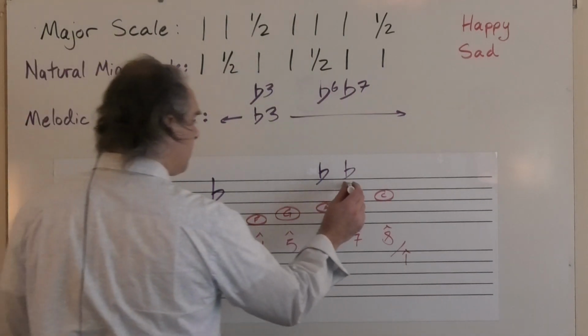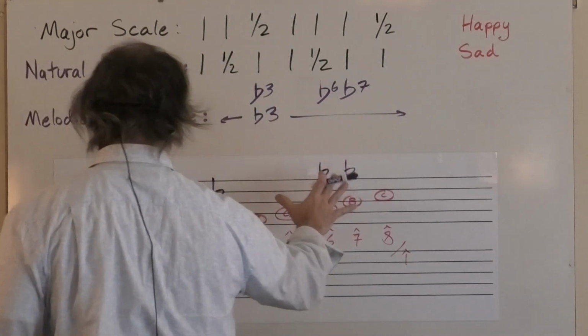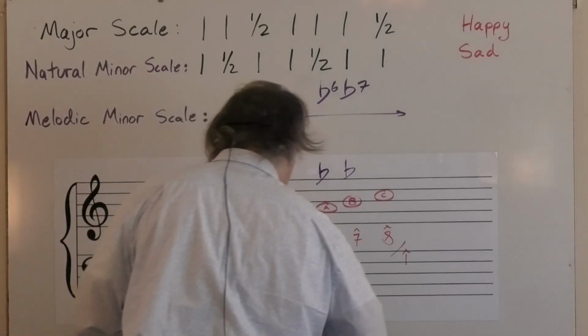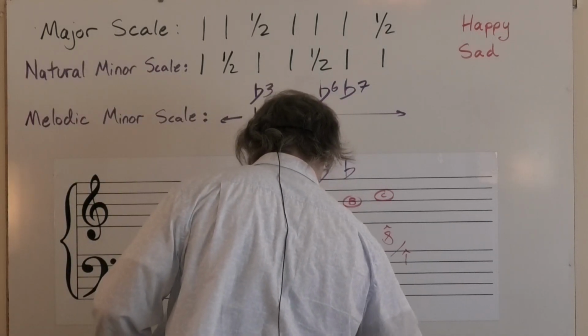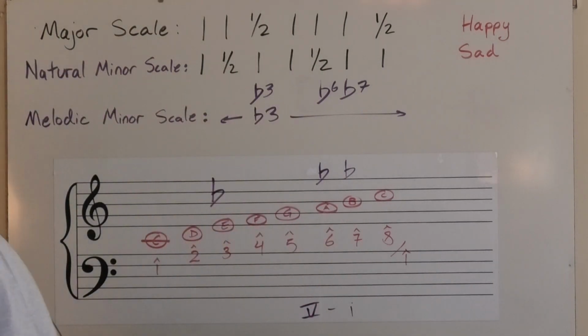And what if we just end here? What if we're in the natural minor scale, but we end with the dominant 5, 2, 1. So we have something in the minor scale. We'll use this.